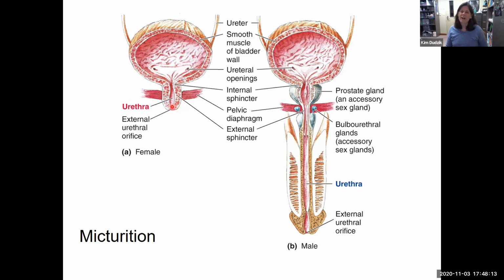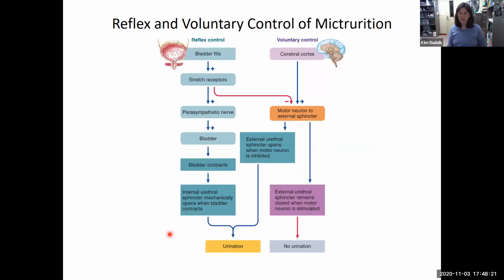You can't do it forever though. Remember, skeletal muscle fatigues. So here the next slide shows the reflex. This is called voluntary and the reflex control of micturition. Micturition is the action of urination. So that's everything I went through. The bladder fills, you've got stretch receptors in there.